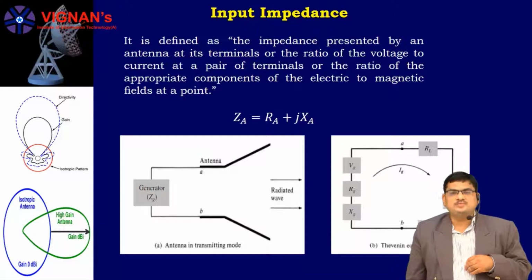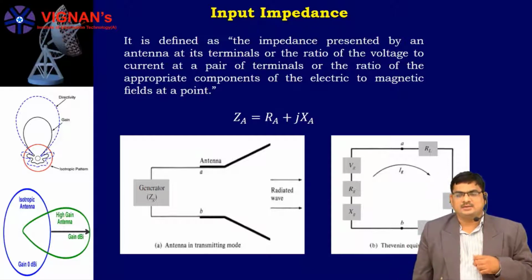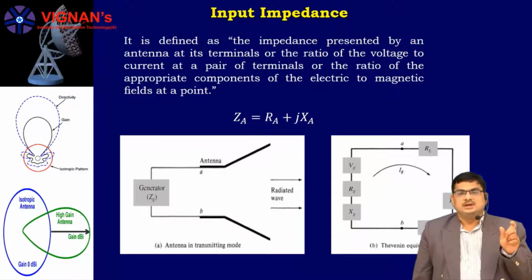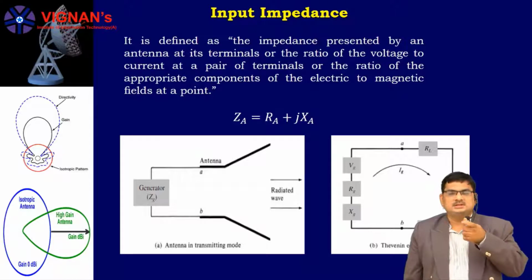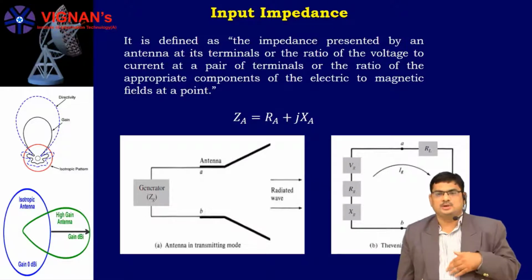From Ohm's law we know that V equals IR. If some voltage is applied, then there will be some current distributed in the circuit.